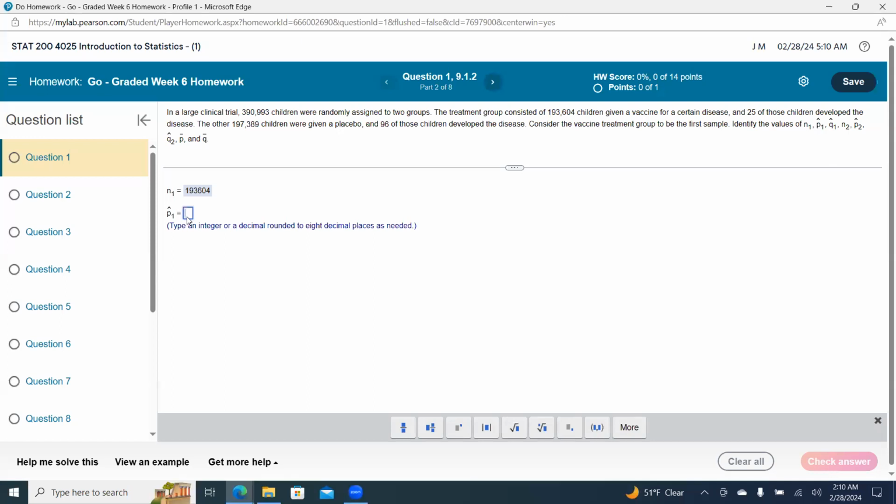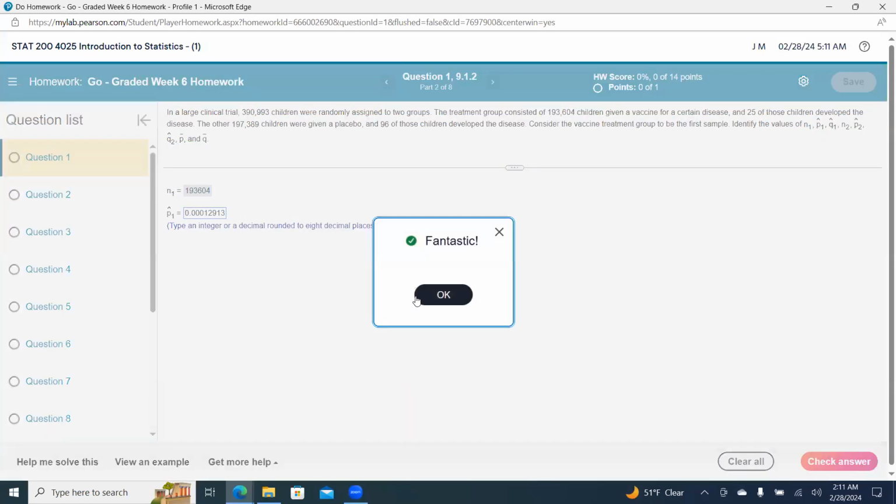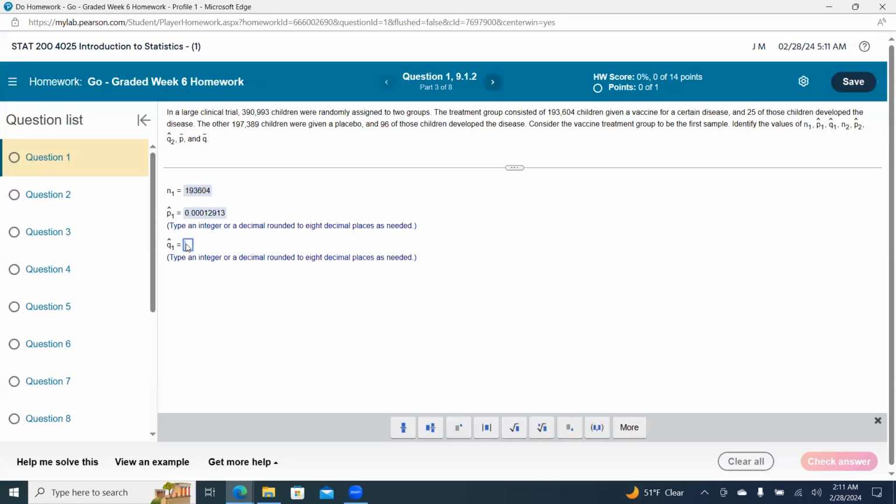I'm doing 25 divided by 193,604, and I get, they want us to go 8 decimals here, so sometimes they do some trippy stuff, that's 3, 4, 5, 6, 7, 8 is what I get. So Q1 is literally 1 minus that answer, more than likely also to 8 decimals.